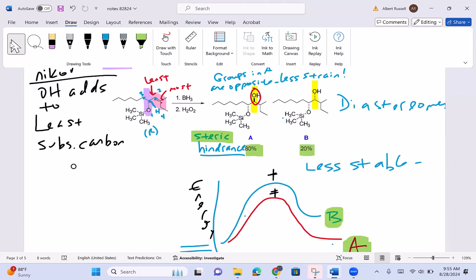Right. So when they ask about the unequal mixture, that's the underlying reason behind it. The obvious reason is because there's a chiral center present already. The underlying reason is that one of those products is harder to access than the other. So that's why you don't get as much of it.